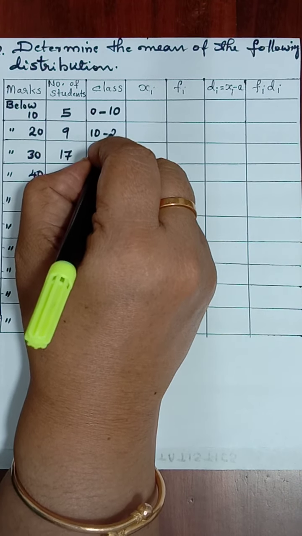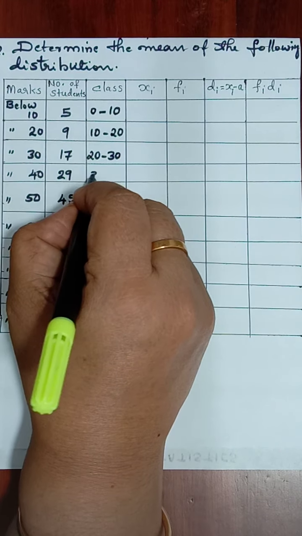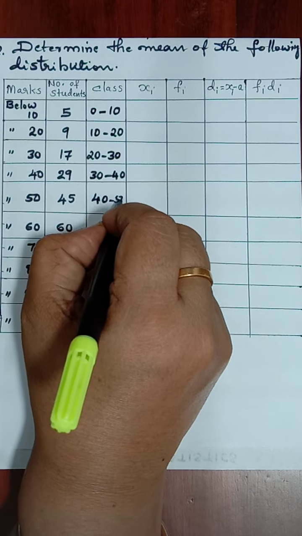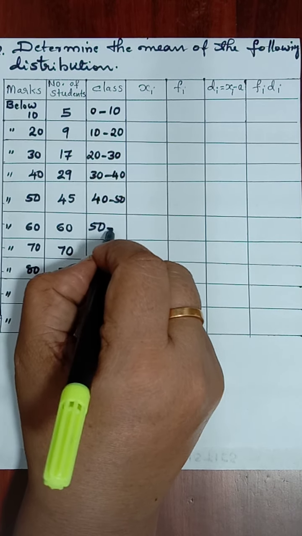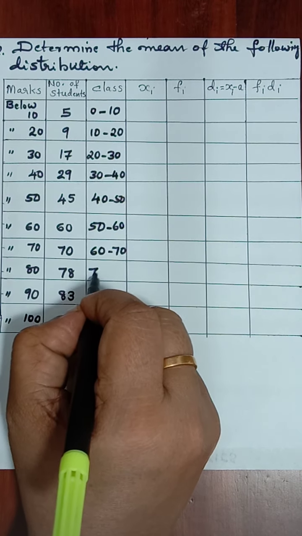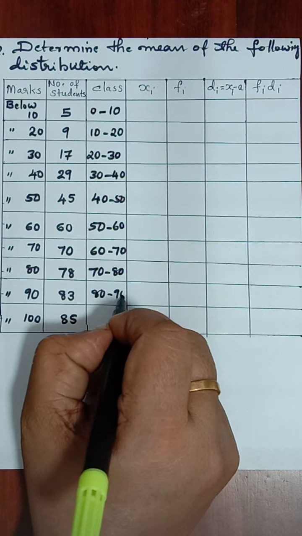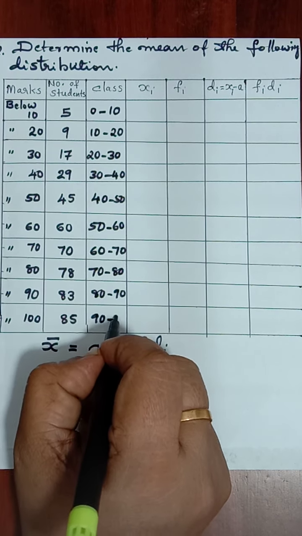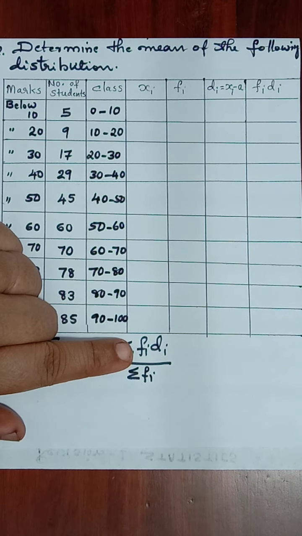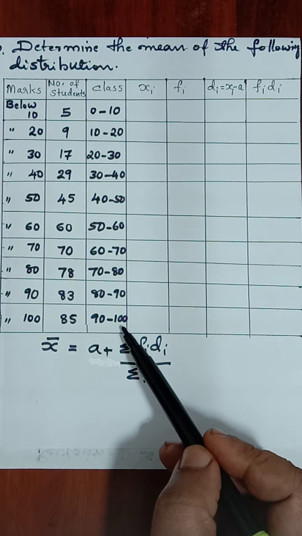Then 10 to 20, continuous as we will be writing. 20 to 30, 30 to 40, 40 to 50, 50 to 60, 60 to 70, 70 to 80, 80 to 90, 90 to 100. This is how we have to write the class. Here we have got the class 90 to 100.